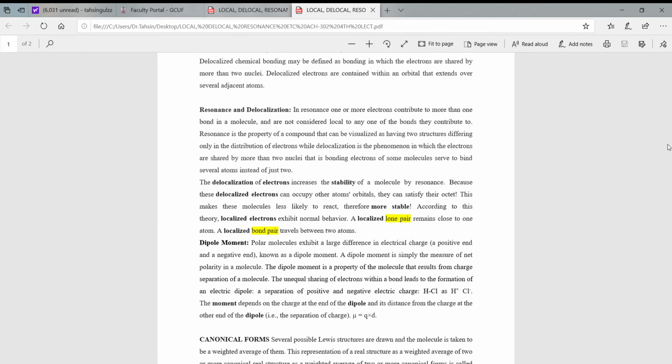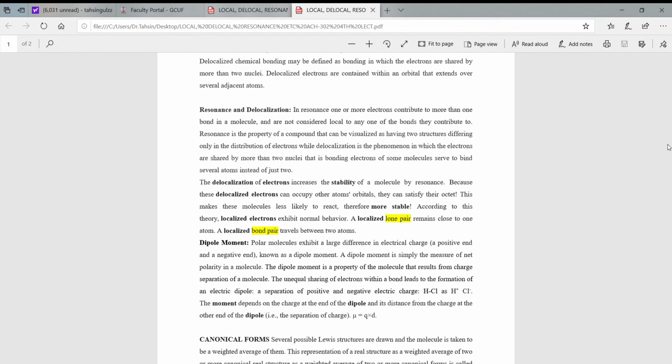Both oxygens have negative charge 50-50%, or in other words, both oxygens have the ability to become the carbonyl oxygen 50-50%.